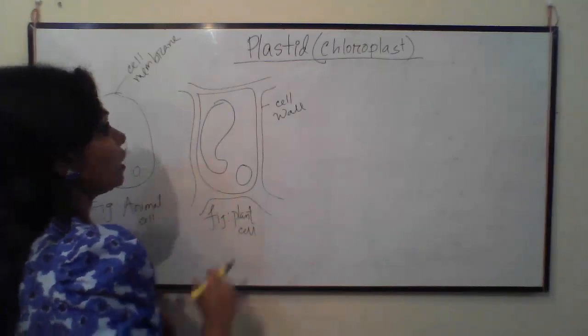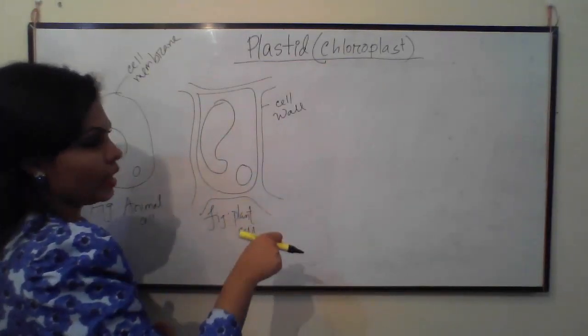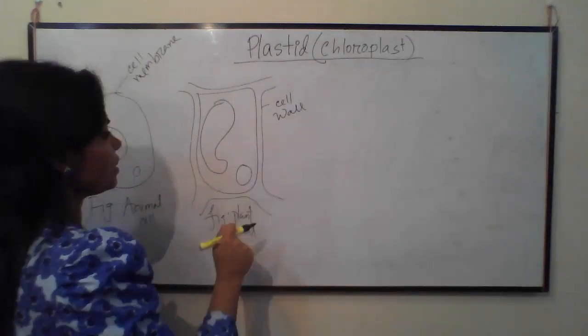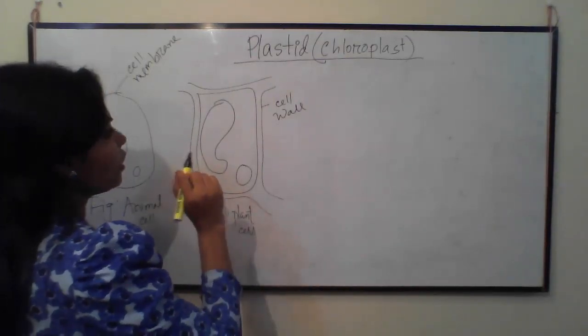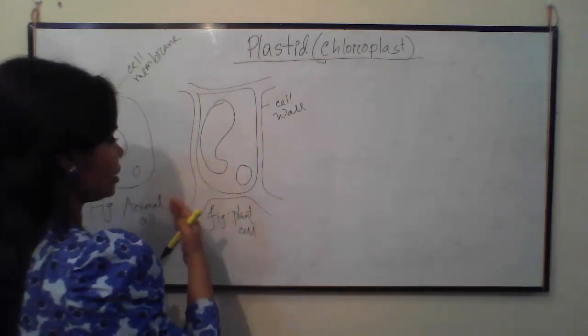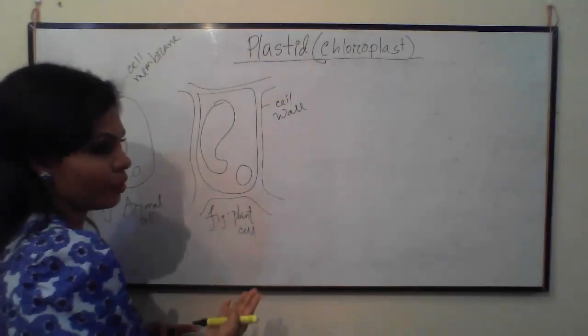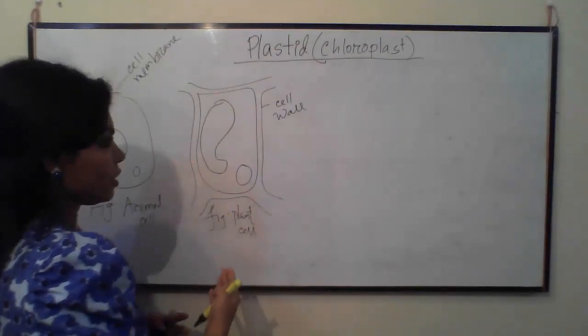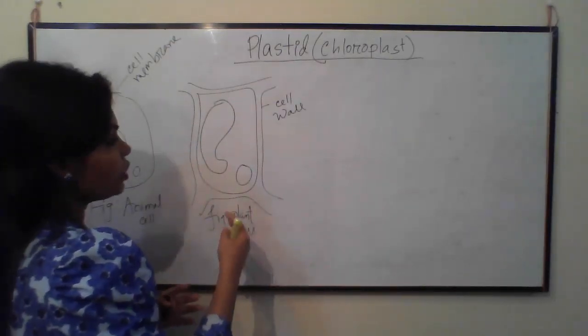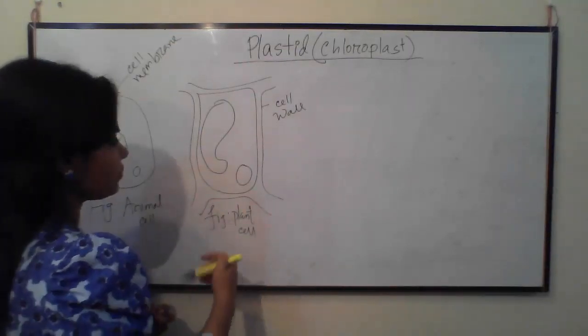And the thing I'm going to discuss today, right now, is chloroplast. There are different types of organelles in plant or animal cell. I'm not going to show each and every organelle, nor draw any typical plant cell or animal cell.